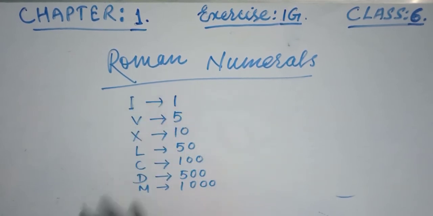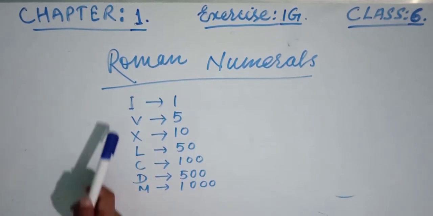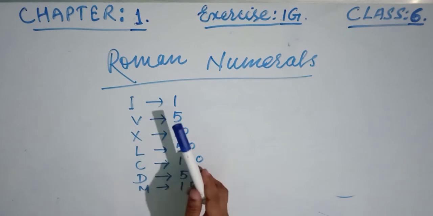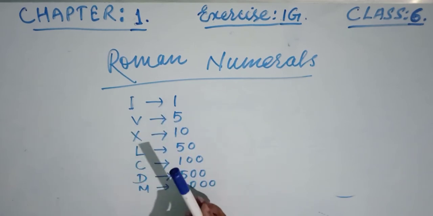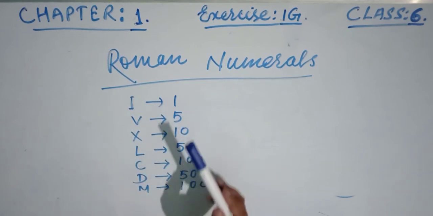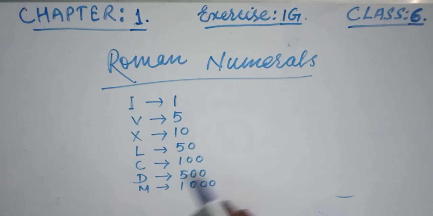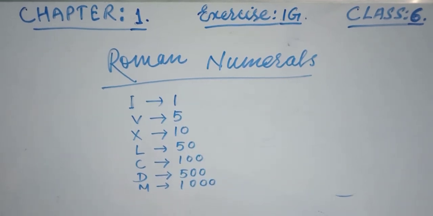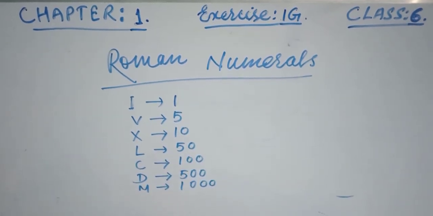So these are the 7 Roman numeral symbols. These symbols tell us the Hindu Arabic numerals as 1, 5, 10. These are called Roman numerals. How many symbols of Roman numerals are there? There are 7 symbols of Roman numerals.